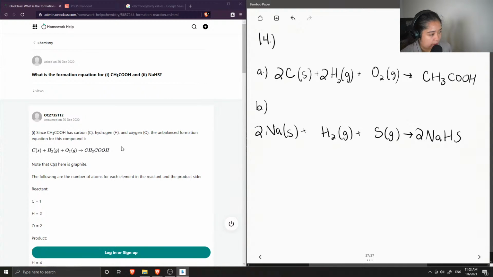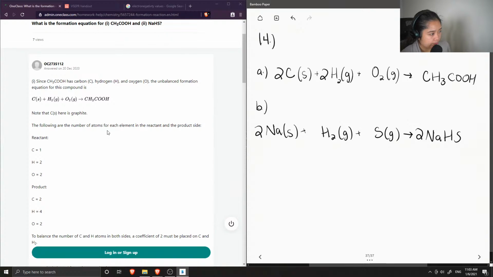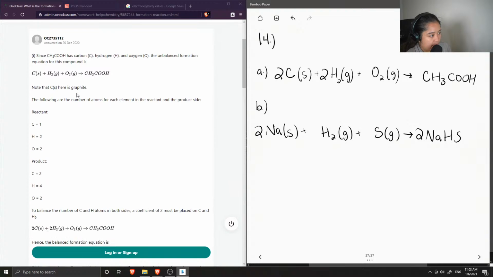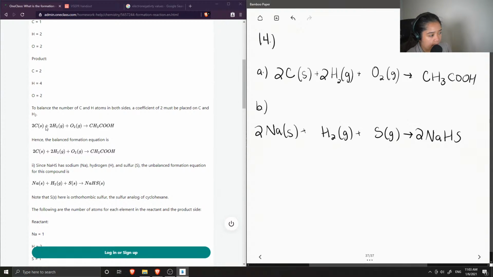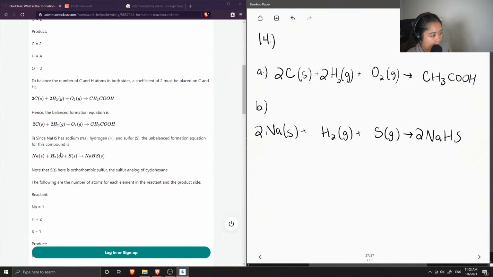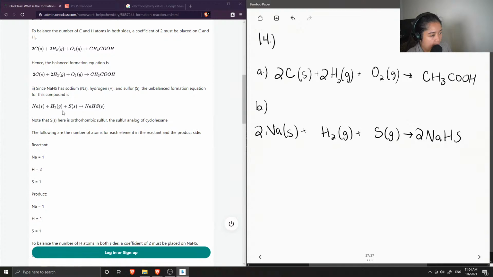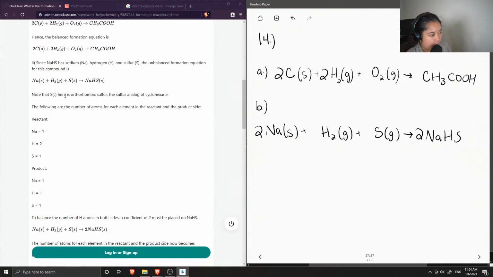Now let's see what the junior tutor said. Since acetic acid has carbon, hydrogen, and oxygen, the unbalanced formation equation is this. And when they balanced it, they had the 2 coefficient in front of carbon and hydrogen. And for NaHS, they have the unbalanced formation equation.